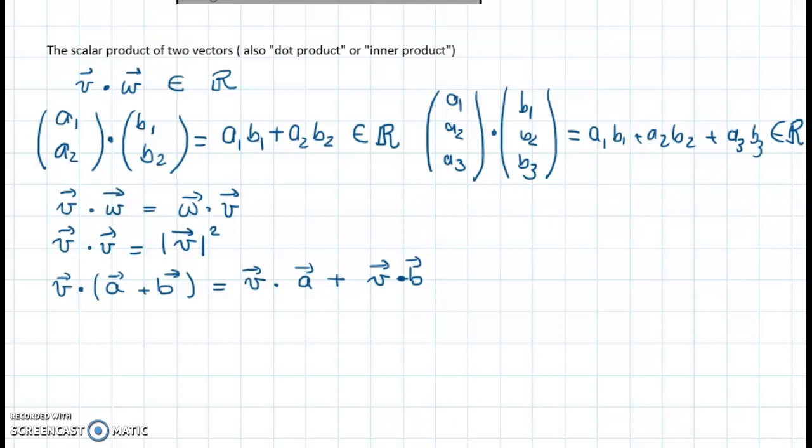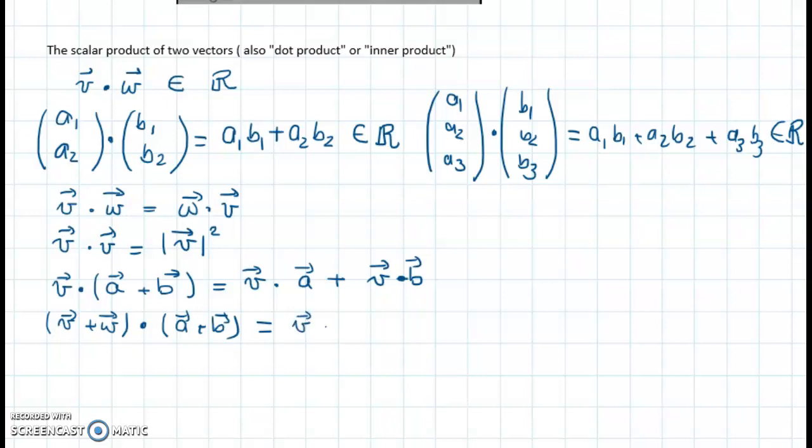And we can even write a distributive property with two brackets. Let's say we have v plus w in the first bracket, that's a new vector, and then we have a plus b in the second bracket, that's also a vector, and then we can consider the dot product between them, and that will be a scalar. It's going to be the same as if we take the dot product of each vector of the first bracket with each vector of the second bracket, and then sum them all, exactly like in the distributive property.